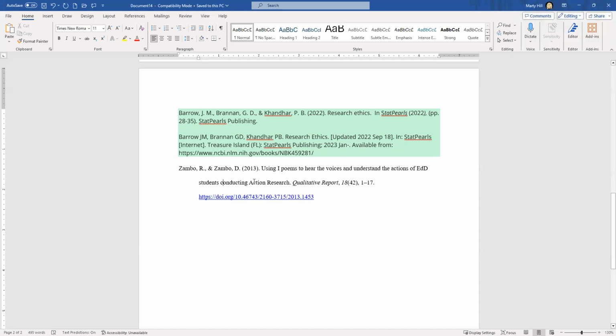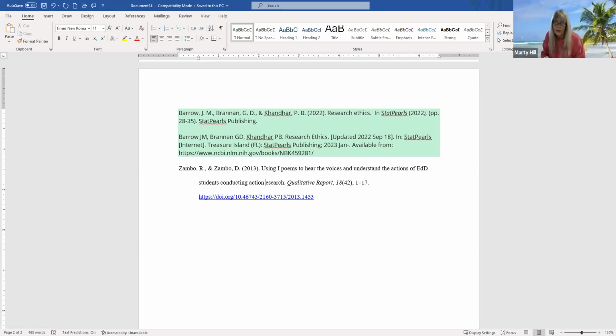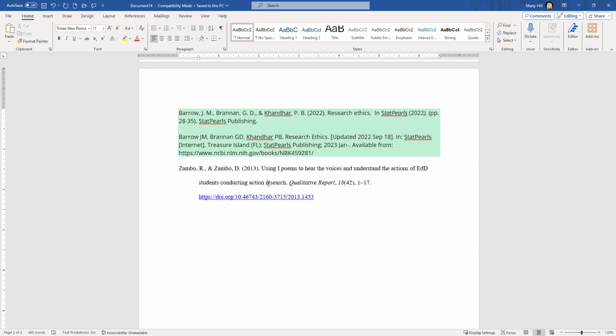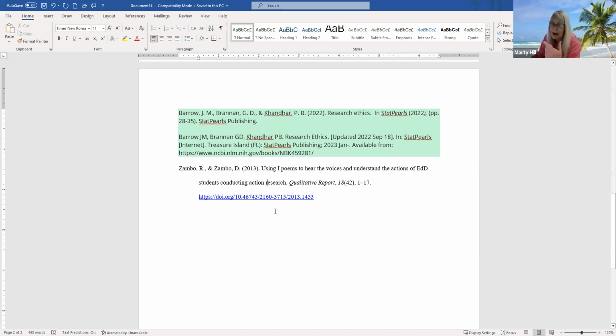When do you write a sentence in citation? This is what we're working on right now, Asmi, is one of the references. Titles of books, titles of journals are all written in sentence case.